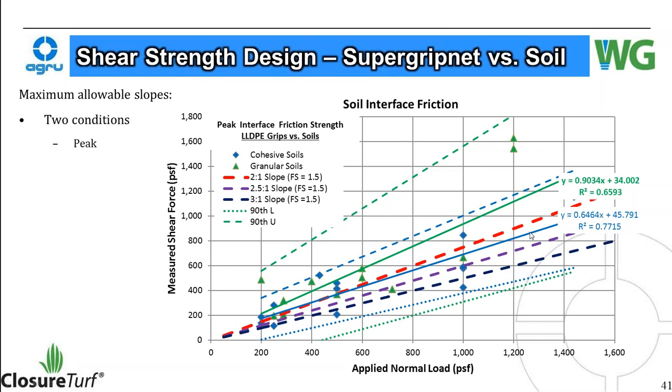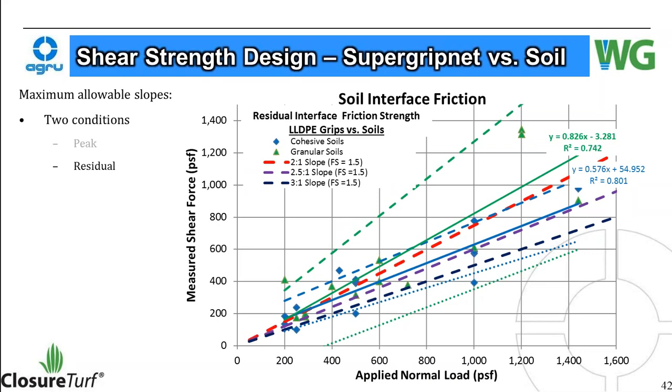Blue is supergrip net grip side versus cohesive or clay soils. It does better with granular soil types, so much so that the average line formed here is above even the 2-to-1 slope for peak conditions. And then for clay soils, 2-to-1 starts to be a problem.